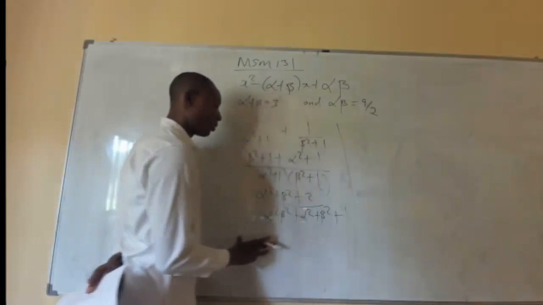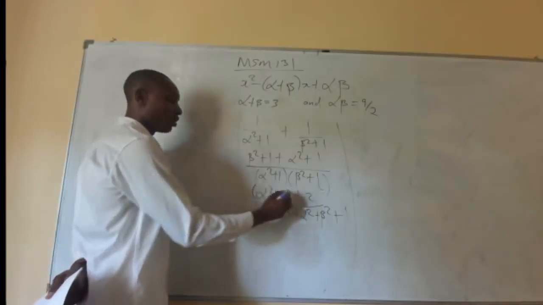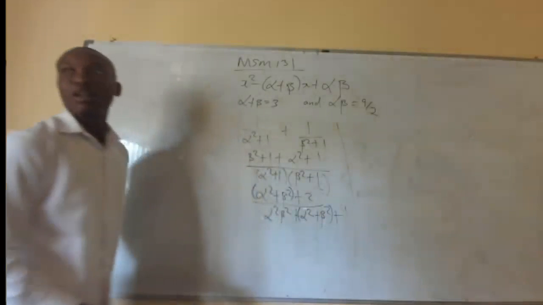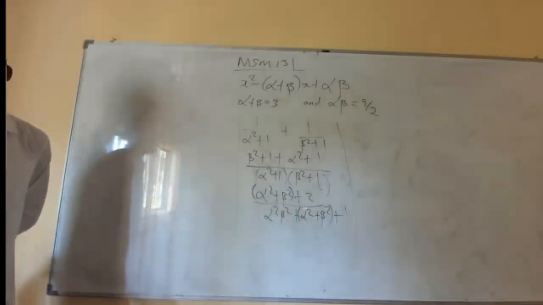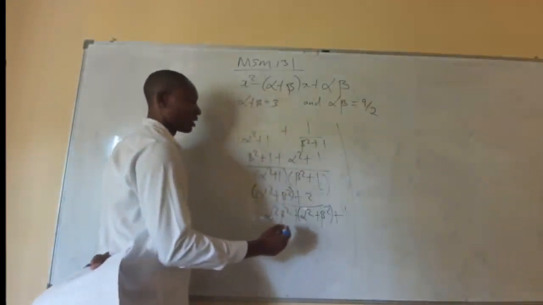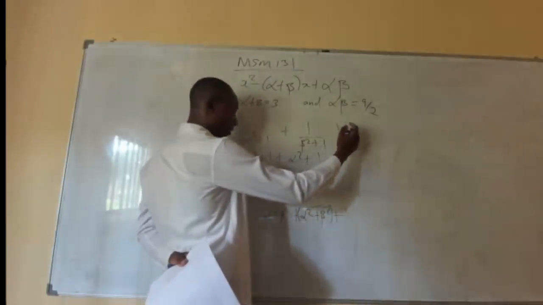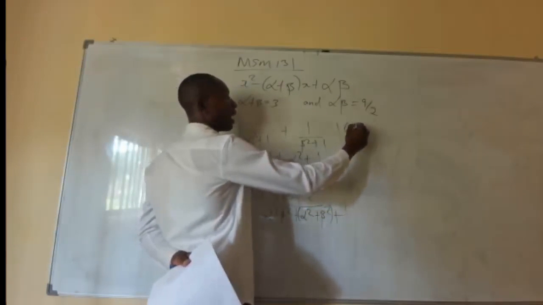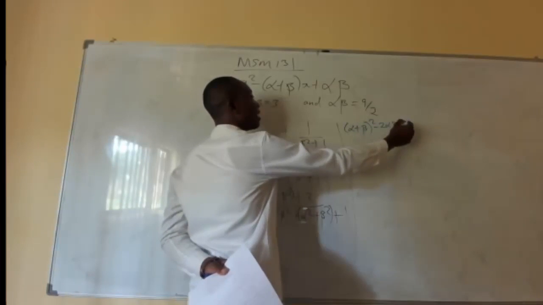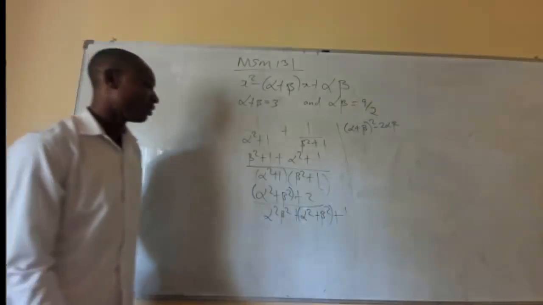Alright, so now we need to reintroduce. Now, remember that we know what this is, and we know the standard for this, okay? So whatever I've put in brackets, you know the standard. I've changed the color of the marker that I'm using. So we are saying, we know that alpha squared plus beta squared is simply alpha plus beta squared minus 2 alpha beta. Okay?